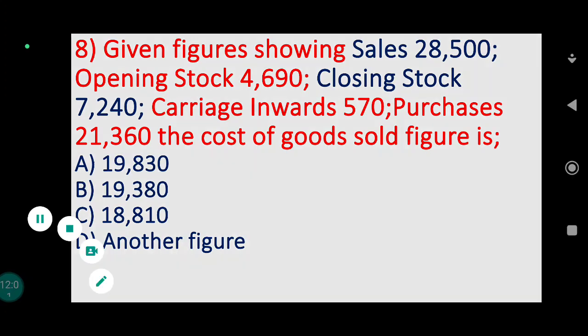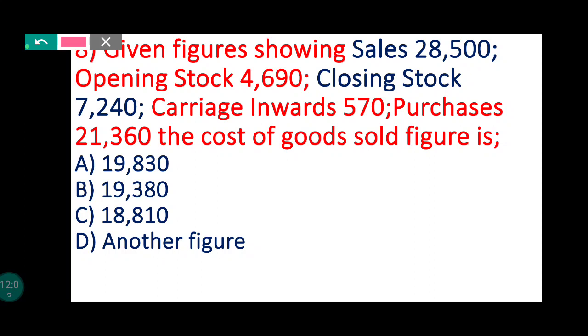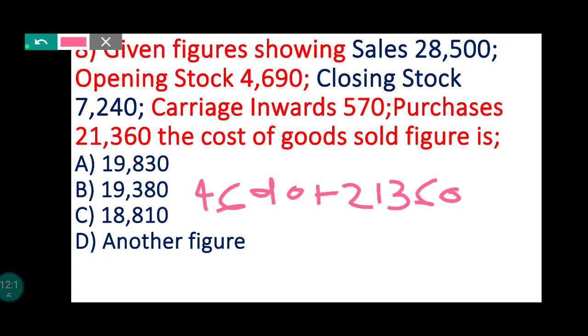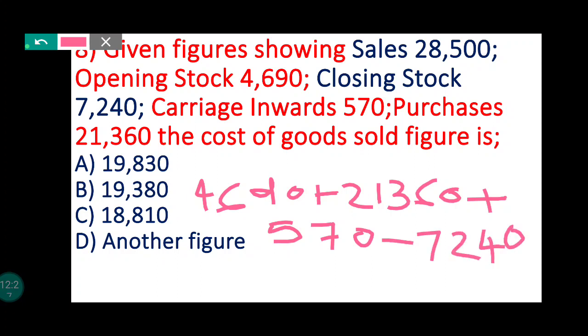If we put the figures in the formula, the amount of opening stock is 4,690 plus purchases 21,360 plus carriage inward 570 less closing stock 7,240.